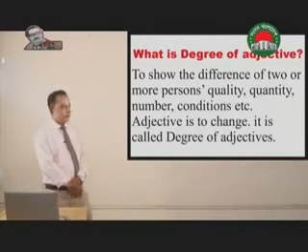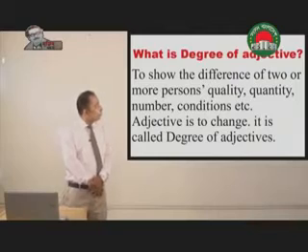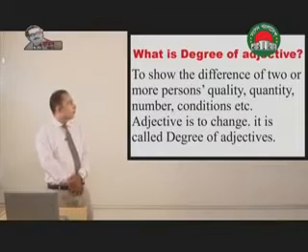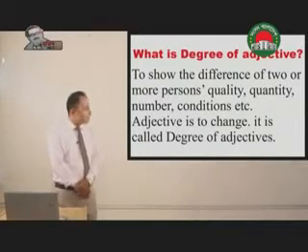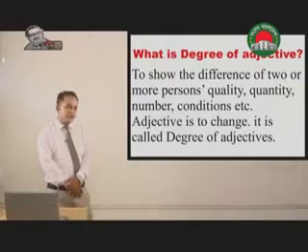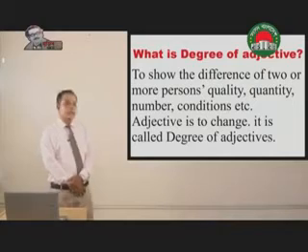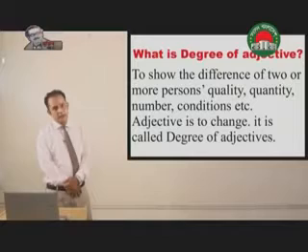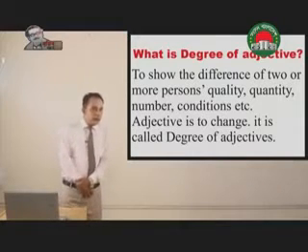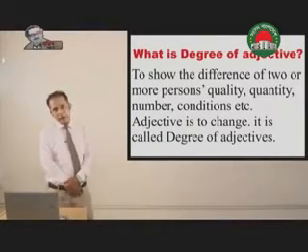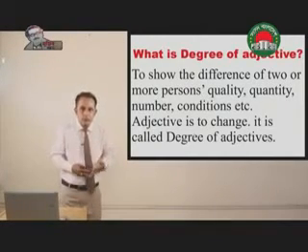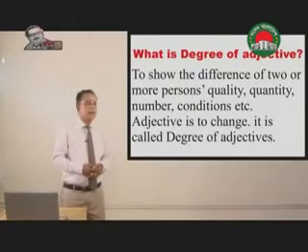I repeat, dear students, to show the difference of two or more persons, quality, quantity, number, conditions, etc., the adjective is changed. It is called degree of adjective. In other words, depending on the situation or condition, the forms of adjective may be changed. This changed form may be termed as degree of adjective.